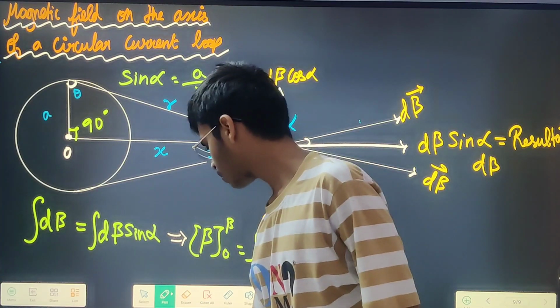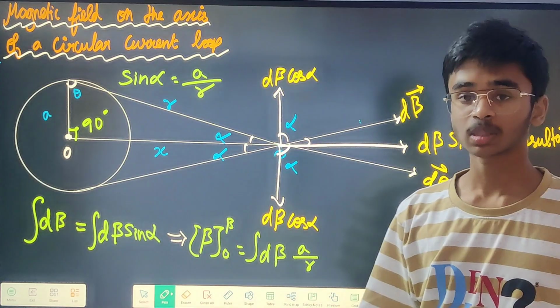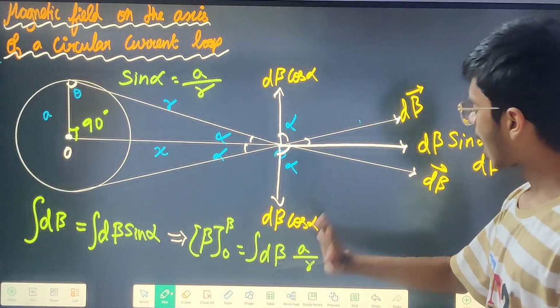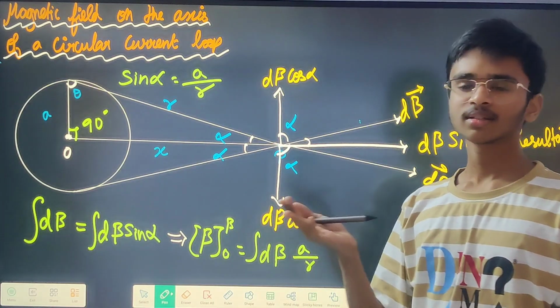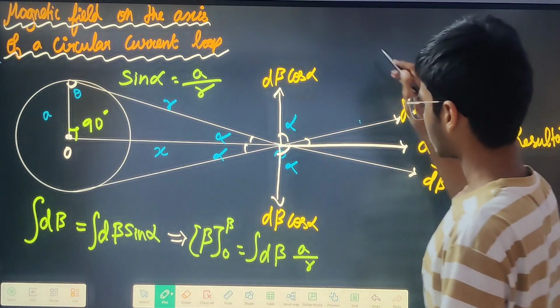In one place I will substitute the mu naught value, and we will check there. Till then I will write mu naught by 4 pi as k itself.